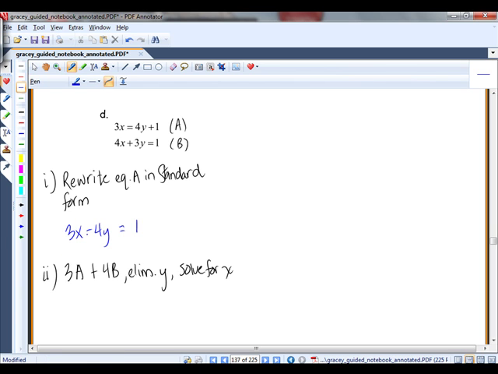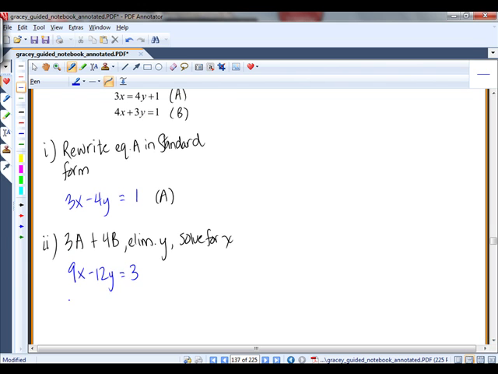Okay, so this is my equation A in standard form. If I triple that one, I'll get 9x minus 12y is equal to 3. Now I'm looking at equation B, and I'm going to multiply through by 4. So I'll get 16x plus 12y is equal to 4.